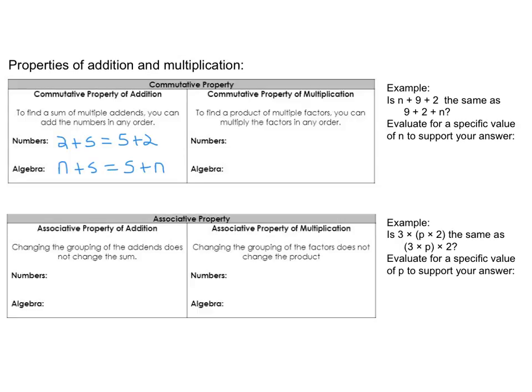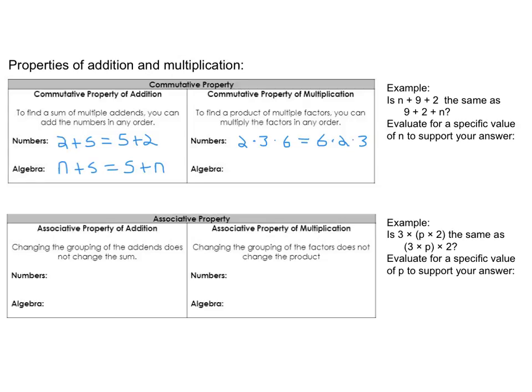We also have the same thing for multiplication. To find a product of multiple factors, you can multiply the factors in any order. That would look something like this. You might have 2 times 3 times 6, and that's going to be equal to 6 times 2 times 3.